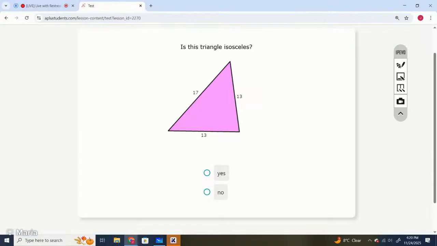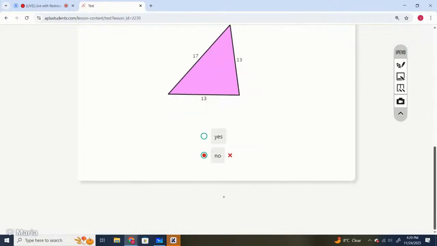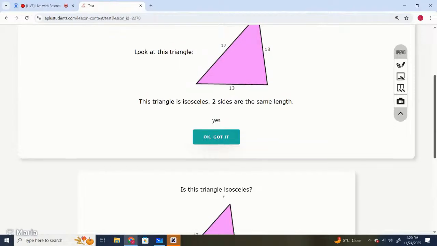Is this triangle isosceles? No, that is not the isosceles triangle. The correct option is no. But isosceles it is because two of the sides are equal in measurement. Yes, so isosceles it is.